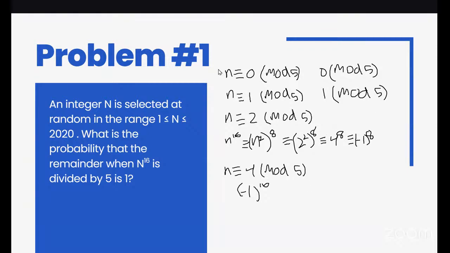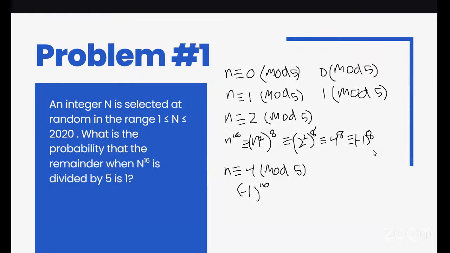So as you can see, for these different cases, only n congruent to 0 mod 5 has a remainder that is not 1. So this means 4 out of our 5 cases, the result was 1 mod 5.